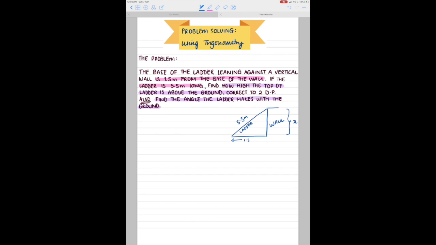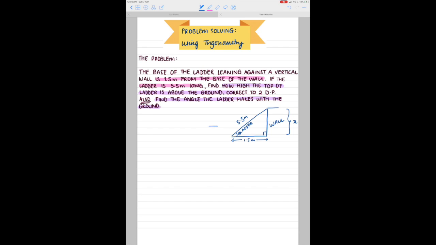So that means that that is 1.5 meters from the base. Now we can see that that's created a right angle triangle. The second part of the question asks us to find the angle, so let's label that theta. But for part 1, we're trying to find x.